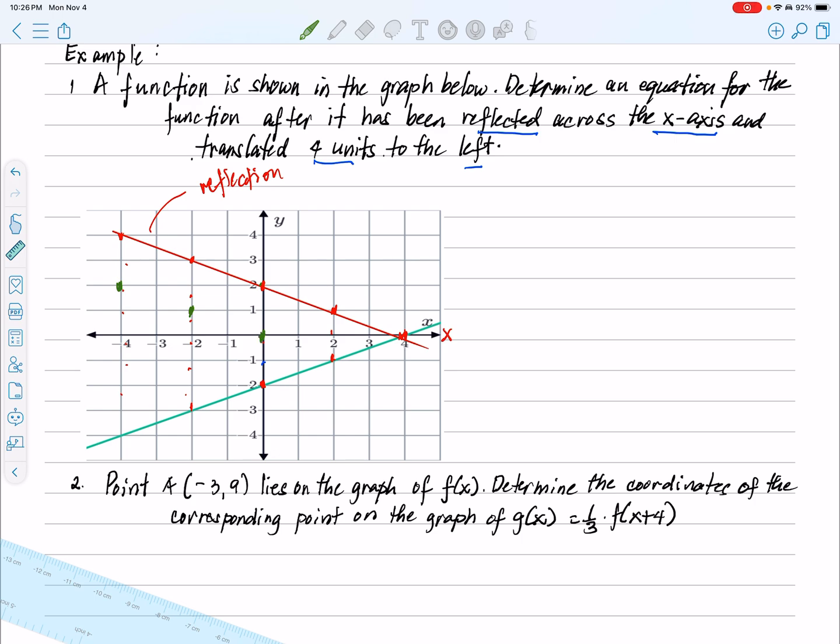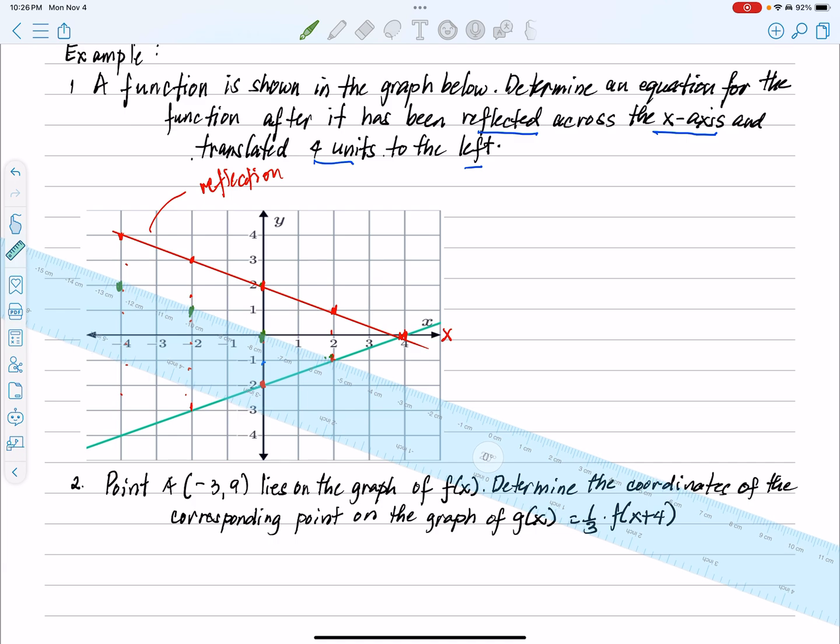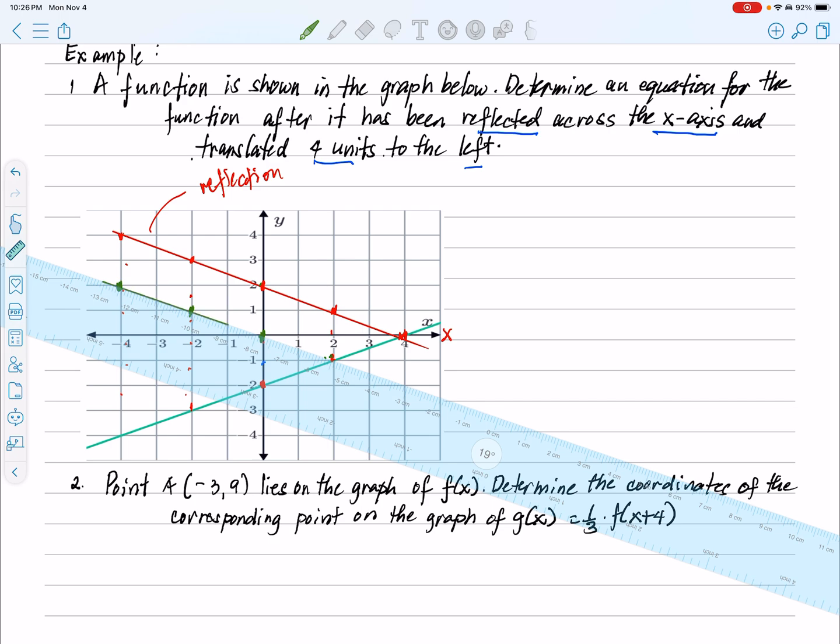So in other words, I could have this point right here. 1, 2, 3, 4. Okay, let's draw the line. This will be now the new line that we're talking about after doing the translation.